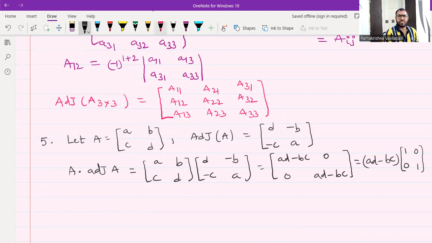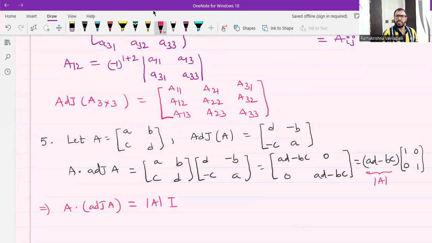So this is equal to nothing but determinant of A. So therefore, that A into I. So what is A into adjoint of A? A into adjoint of A equal to that A into I is a very, very important concept.